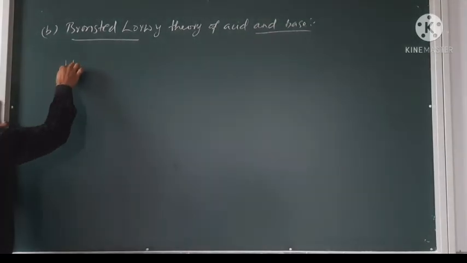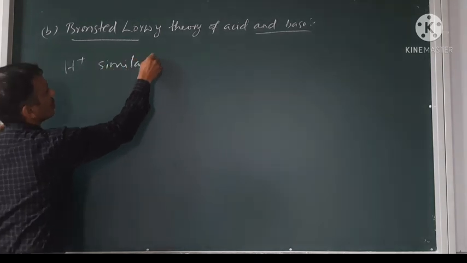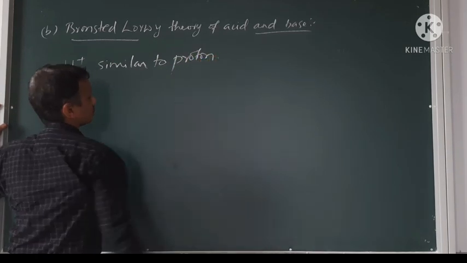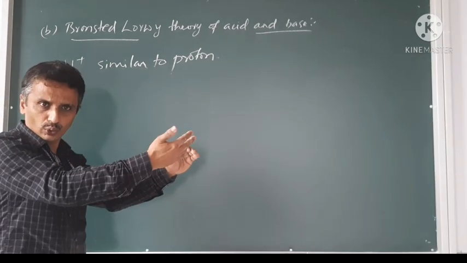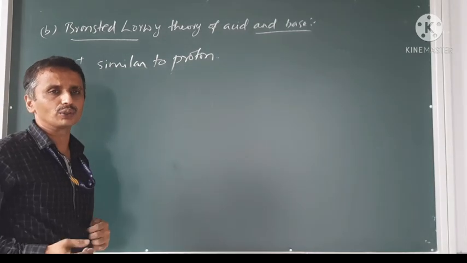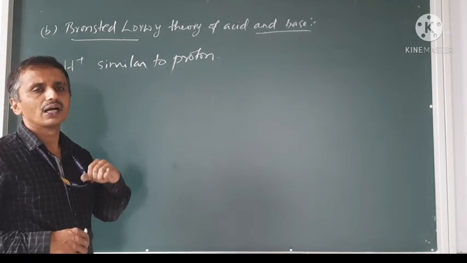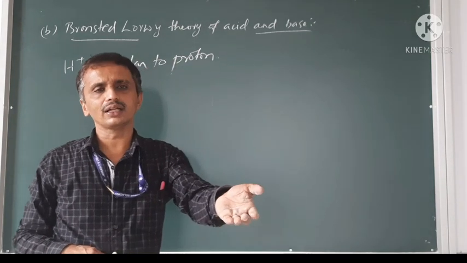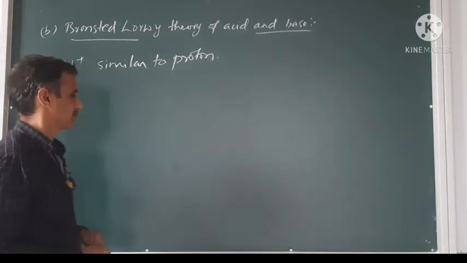H plus is similar to a proton only. So instead of saying H plus donor or OH minus donor, what Bronsted and Lowry said is: proton donor will be the acid, proton acceptor will be the base.